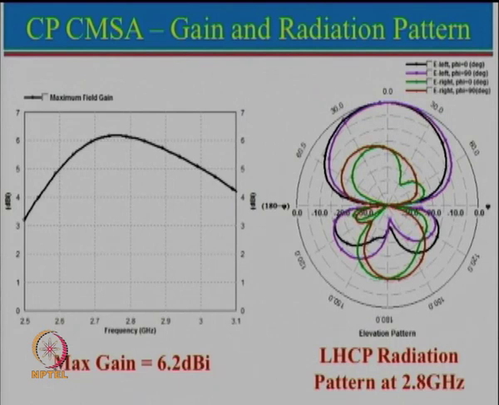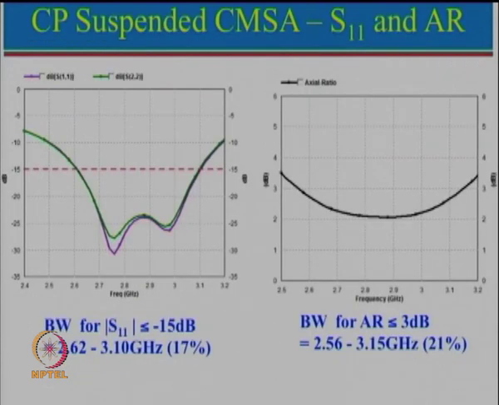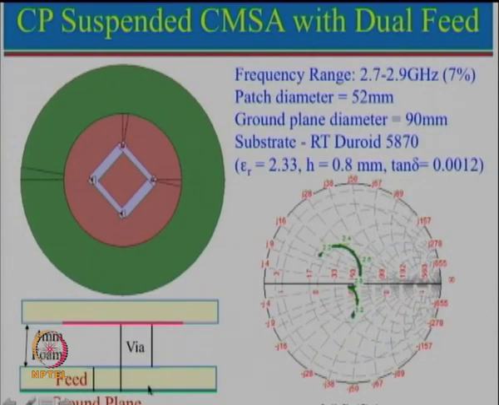The reason for that is, again we can see that the total height is quite significant and the feed is coming over here. These will act like again a top loaded monopole antenna, and that will not be circularly polarized, that is linearly polarized.